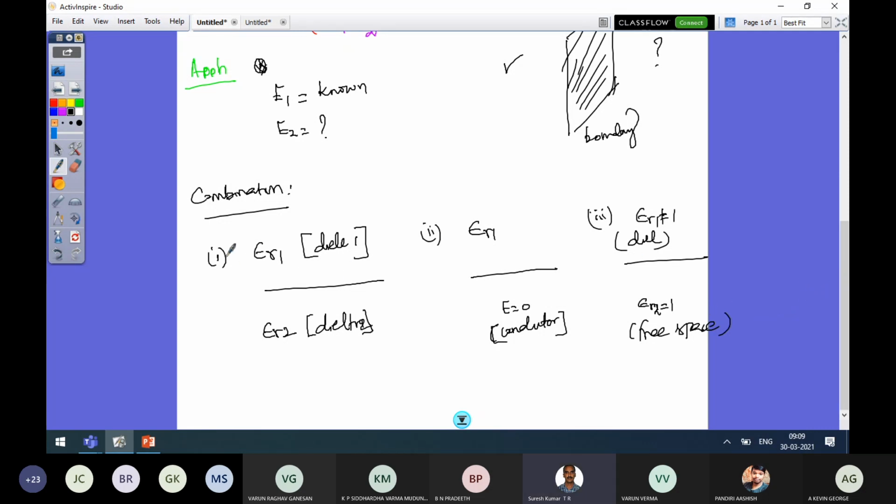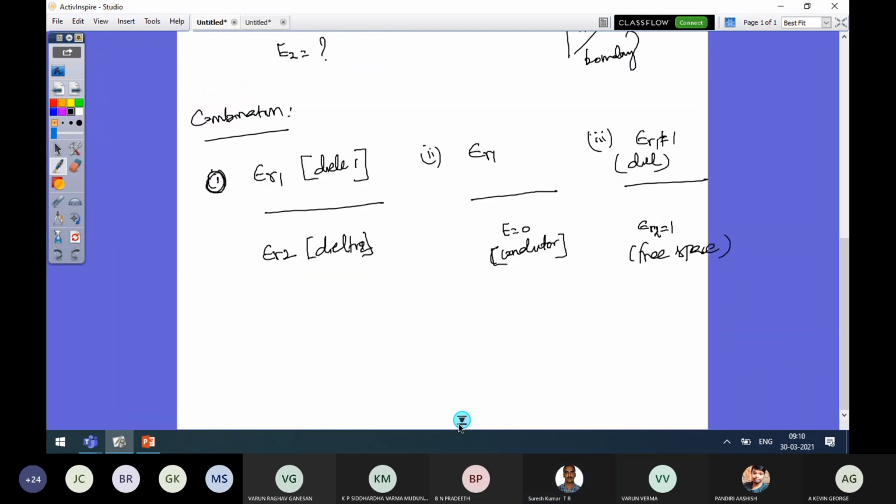If you understand the first combination, the boundary condition for two different dielectrics, then that's more than sufficient to understand the remaining two topics. You don't even need to memorize the equation. And you will get one 10-mark question from this in the CAT, and also one question in the FAT exam. Compared to the other topics in electrostatics, it's the easiest one.